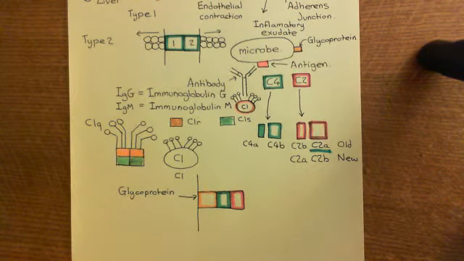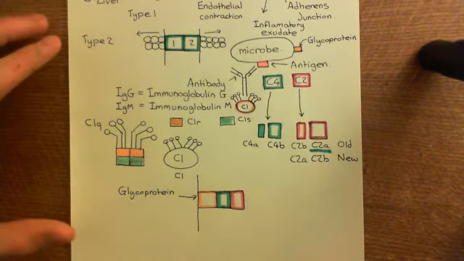If you just type in classical complement pathway on Google, you'll find diagrams which have C2b in, and also diagrams which have C2a in, so you'll be really confused. You'll think that everyone doesn't know what they're talking about. Who's right and who's wrong, and everyone's right and everyone's wrong, and everything is relative. No, that's a totally different subject.